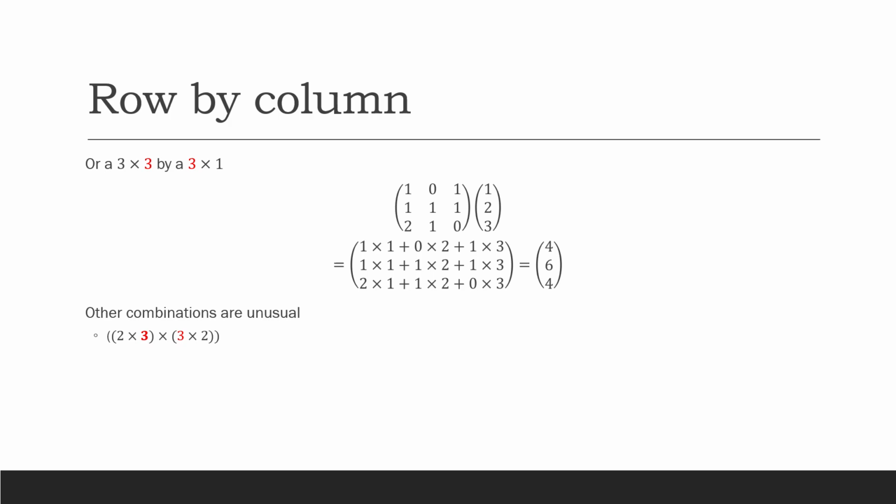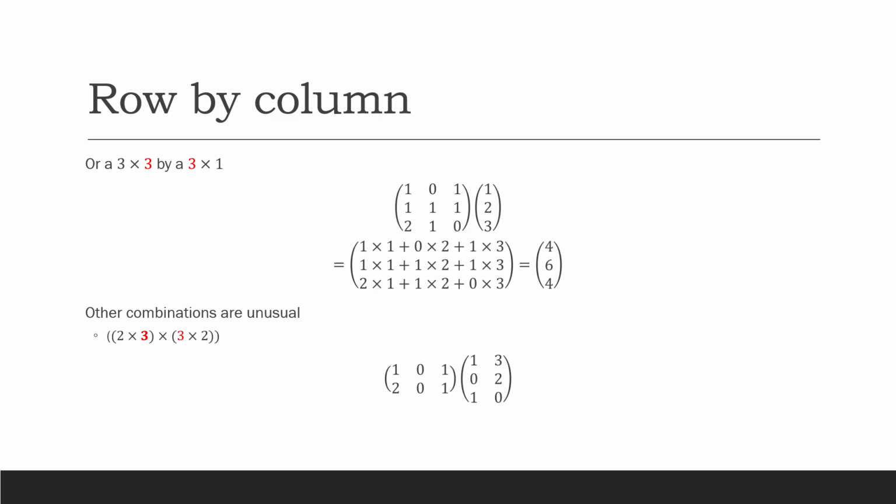We could do this with a 2 by 3 by a 3 by 2. We're not going to do many like that. I think you'll do a little to practice in some of the early exercises. So it works, 2 by 3 by 3 by 2. The number of columns in the first is the same as the number of rows in the second.